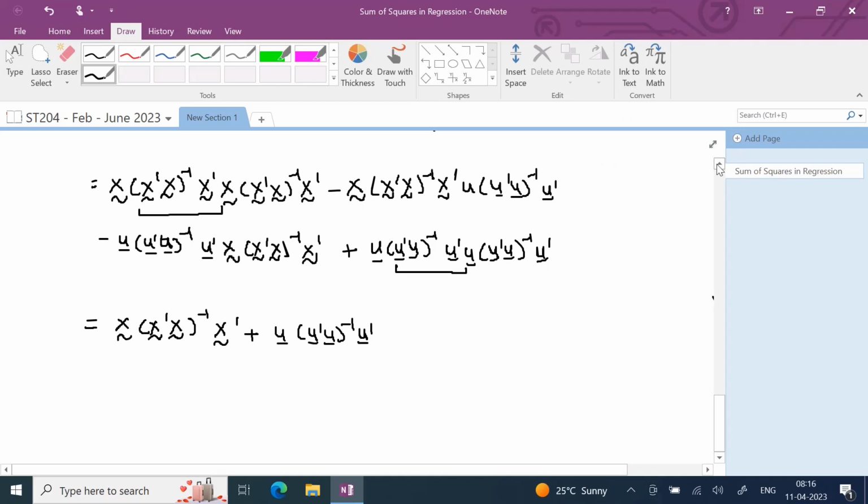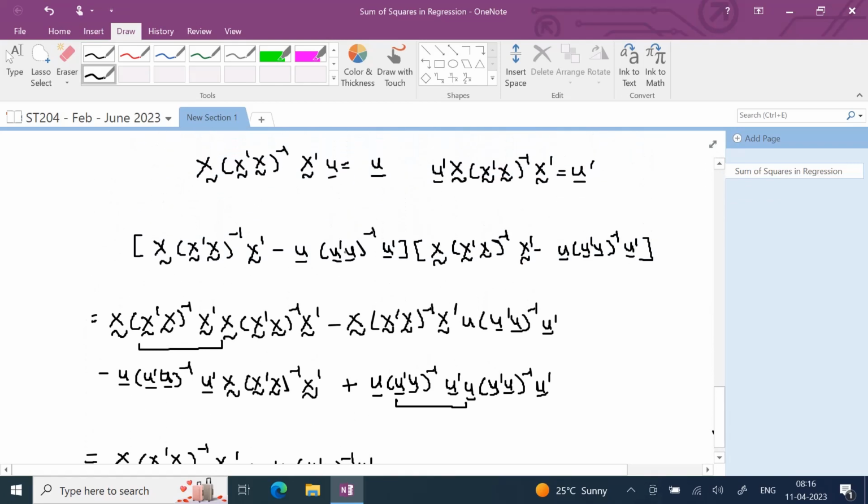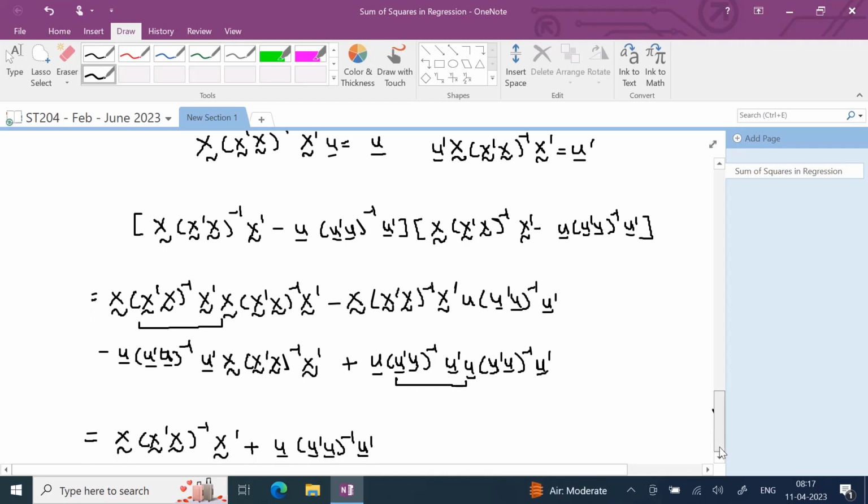So what we quoted here is this: (X'X)^{-1}X'U is basically U, and similarly from the third term, the last part, U'X(X'X)^{-1}X' is basically U'. So the first part of the second term and the second part of the third term, this part becomes U because of that result, and this part becomes U'.